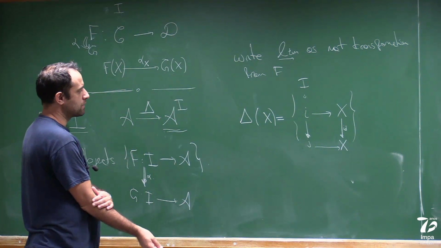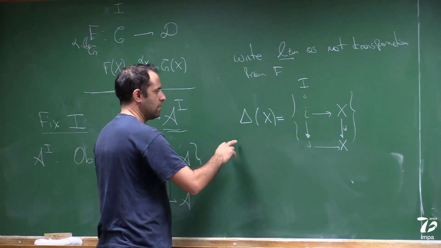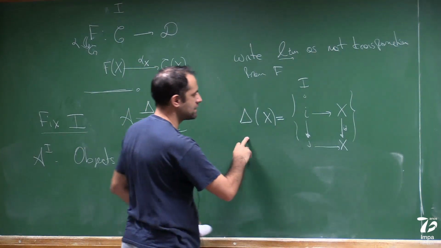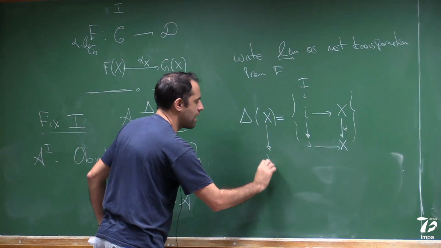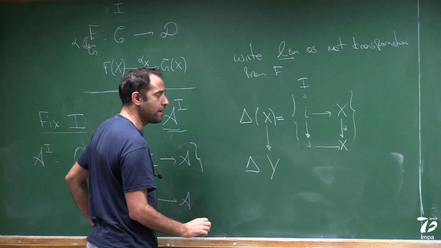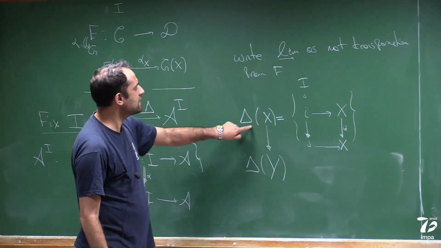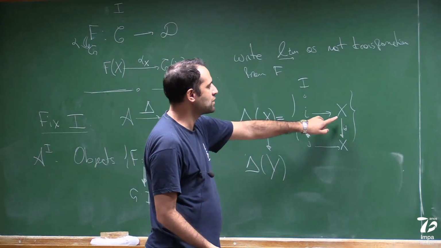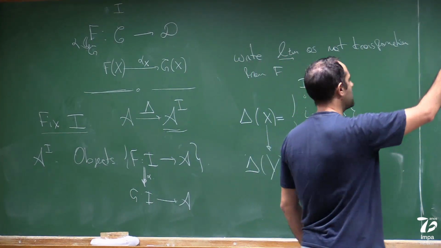All right. So this gave me on objects what these guys are, and now if you give me a map from X to Y, I have this delta of Y, which again I'm viewing as a functor. Remember, it's what should I give you for objects?